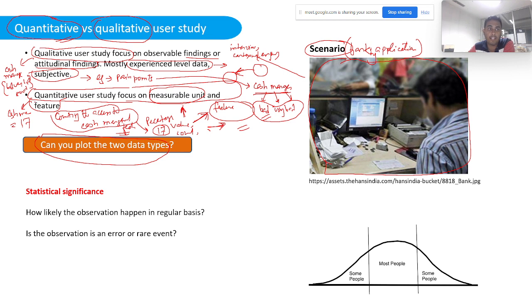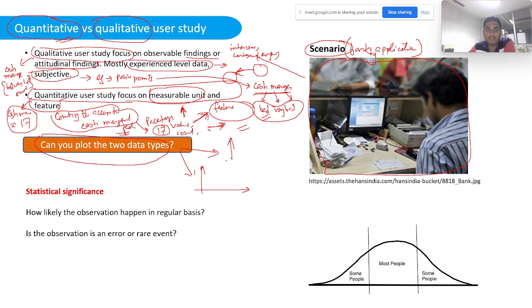See, if these are variables or certain features, then there should be some way we can actually know these things in a mathematical way. So the difference between qualitative and quantitative data lies in whether you are able to create a scale for these features or not.